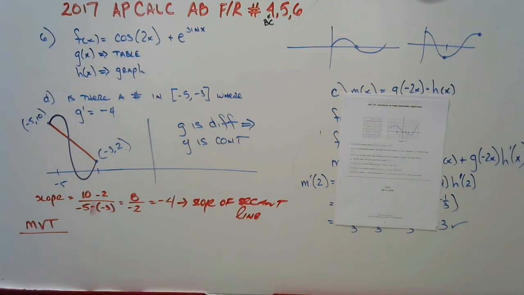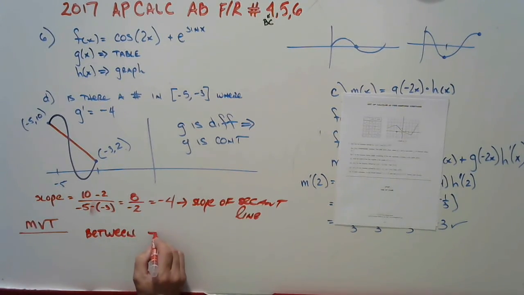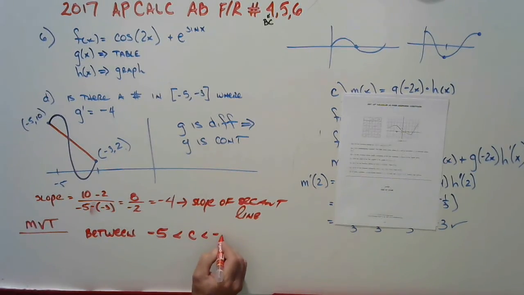So there has to be a point by the mean value theorem where the slope of the derivative equals the slope of the secant line. Now, I don't know what that value is, but somewhere between -5 and -3, we do have that point by the mean value theorem.